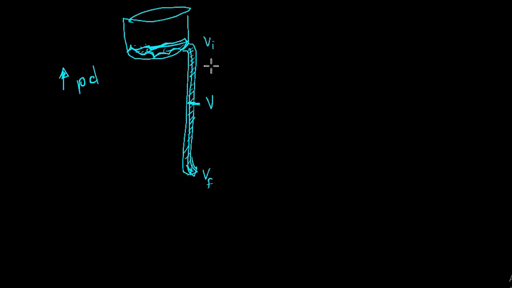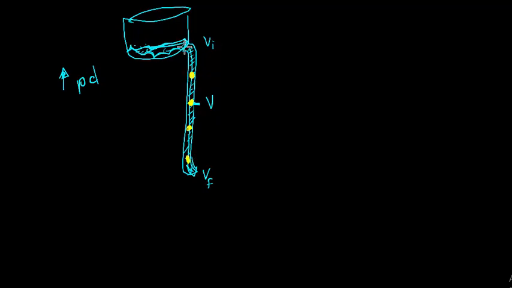Now if something were to obstruct the flow, if there are things in this pipe that cause resistance, the more resistance there is, or the bigger these objects are, the bigger the resistance they cause.